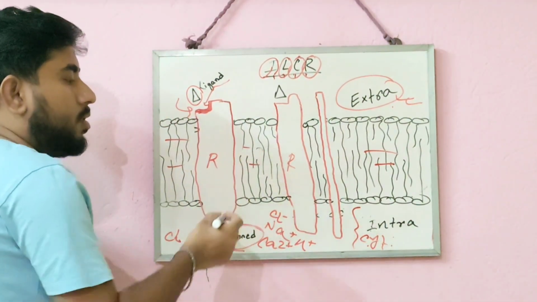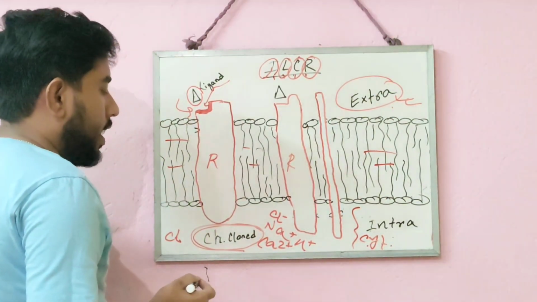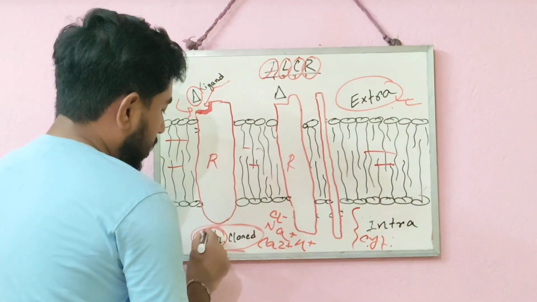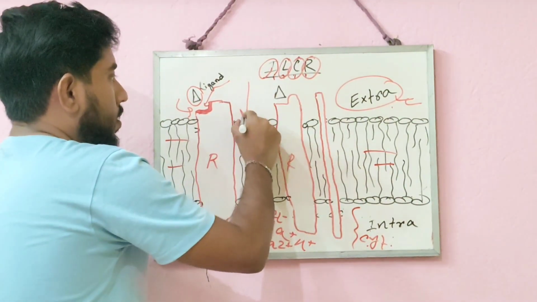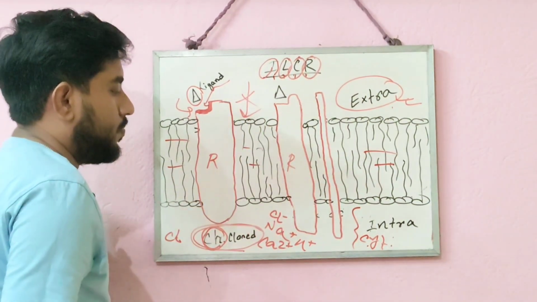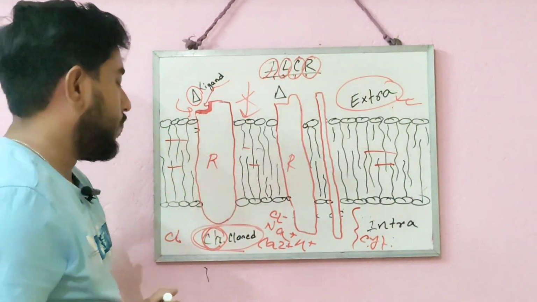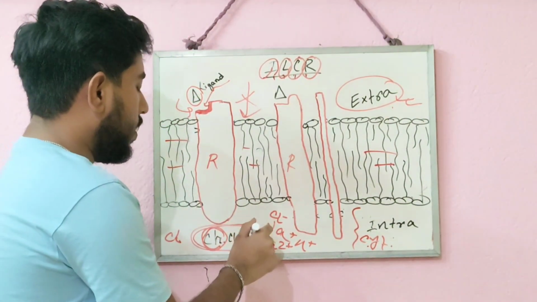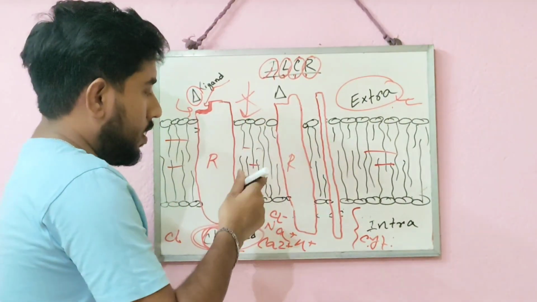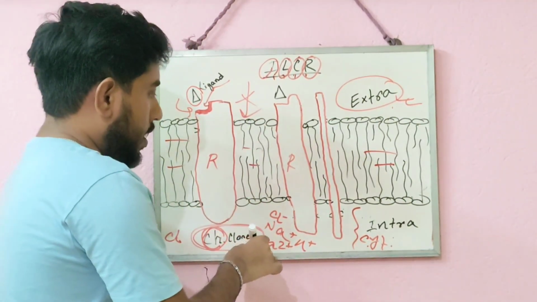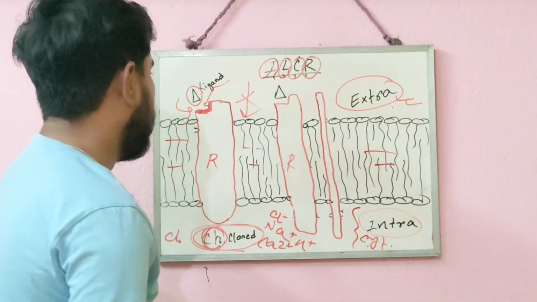When that receptor is in its steady state or non-acting state, at that time the channels are generally closed and ions can't influx into the cell. So when the receptor is in steady form, the channels remain closed and no ion can enter the intracellular cytosol of that membrane.